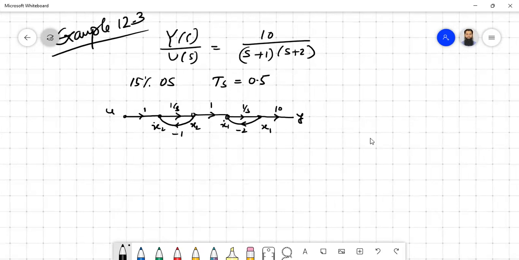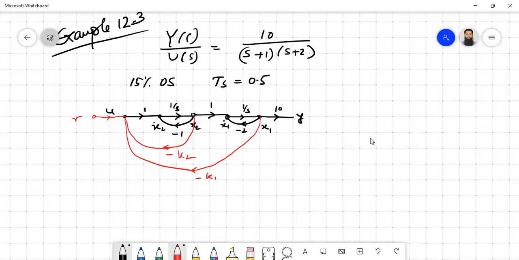Also, if we go for the feedback now, we can easily find it with these additional arrangements. That is, every state is fed back with the corresponding gain, minus K1 and minus K2.